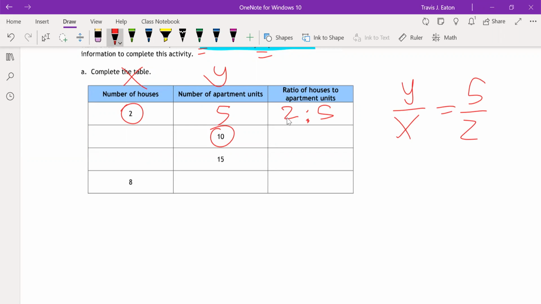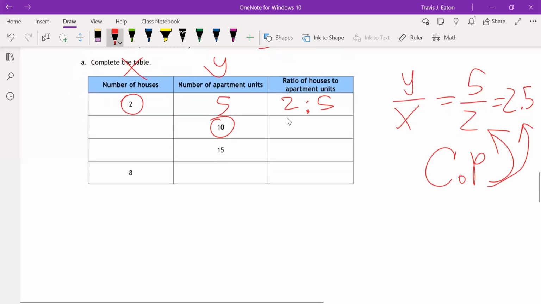And if we wanted to go even further than that, that would be 2.5. That would be our constant of proportionality, our C, little o, big P. Okay, constant of proportionality, 5 halves or 2.5, depending on how you want to set that up.